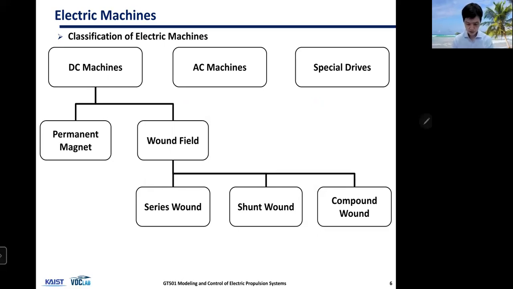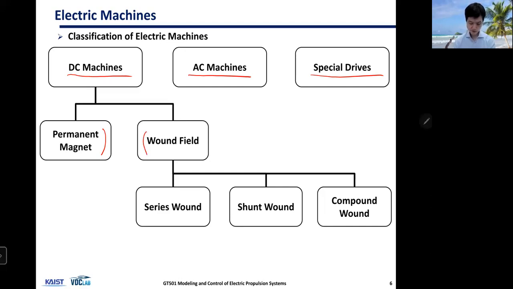Before we talk about more details, we need to talk about the taxonomy of electric machines. Usually there are 3 different types of electric machines. First, DC machines, then AC machines, and then some special drives. Within DC machines, there's permanent magnet DC machine and wound field DC machine.